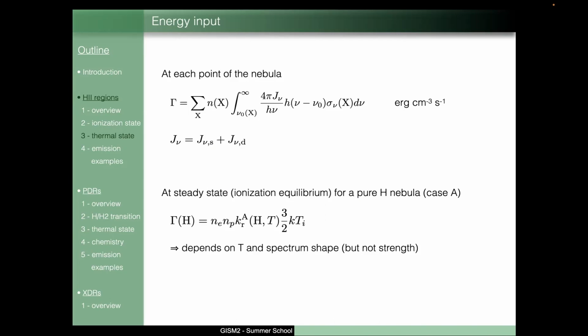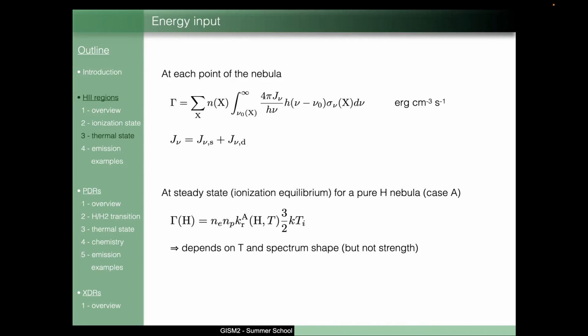And this is the heating mechanism. Photoionization generates electrons that then thermalize with the ambient gas. In this equation, of course, G nu is a sum of the radiation field coming from the star and the radiation field coming from the nebula itself.